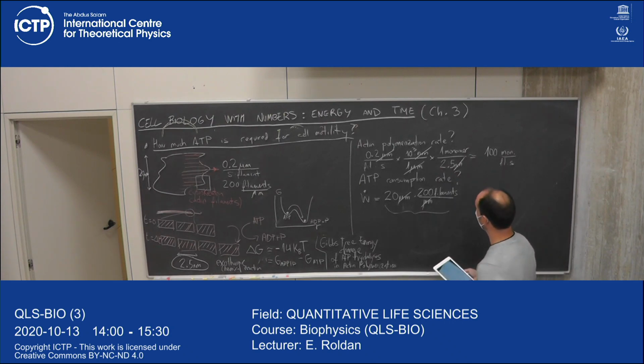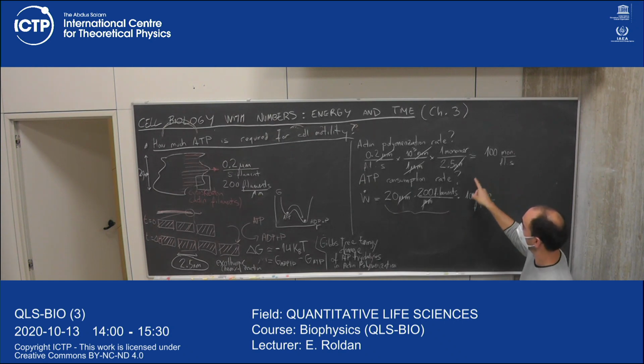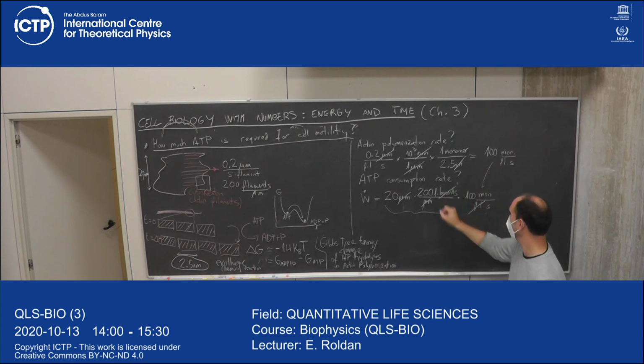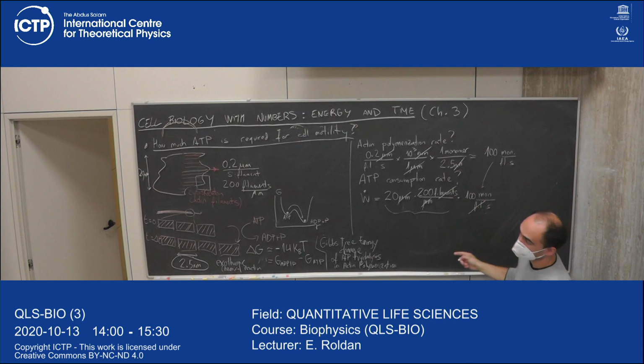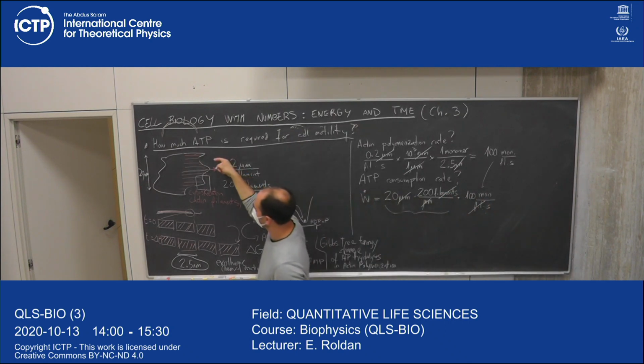Then I need to know, I have this, which tells me we have 100 monomers that are incorporated per filament per second. This is the actin polymerization rate. So now I cancel this, and I have monomers per second. So in the entire cell, how many monomers am I adding per second?